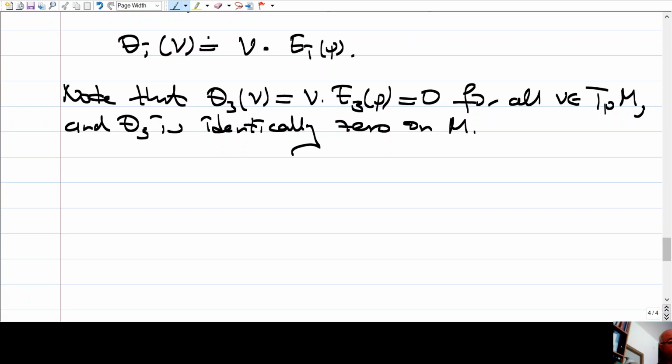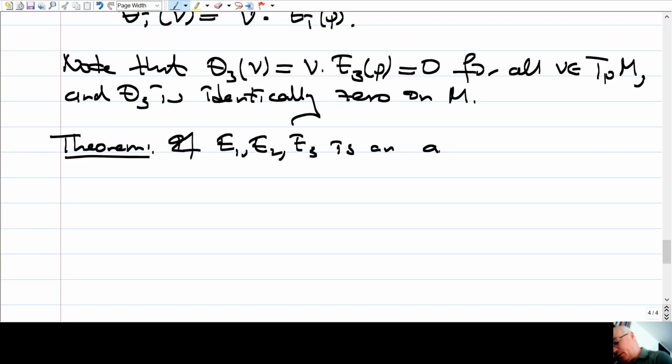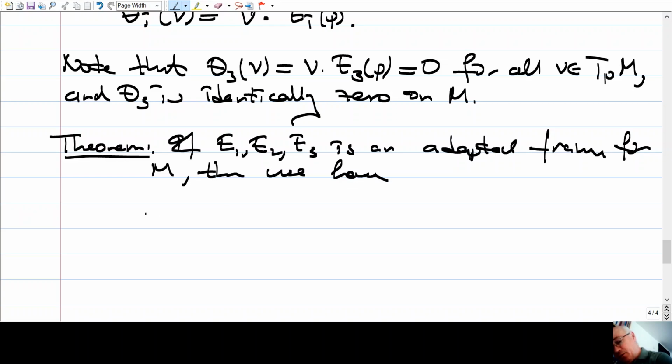Now here we have again a theorem, which is just Cartan's equations. If E1, E2, E3 is an adapted frame for M, then we have the following statements.